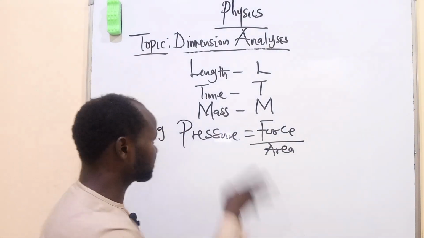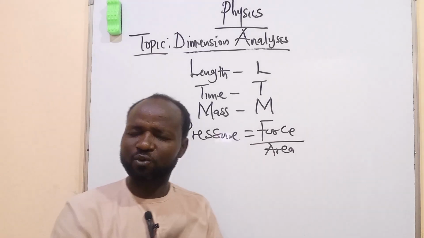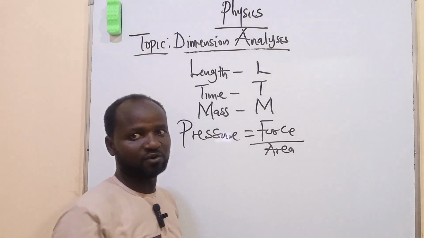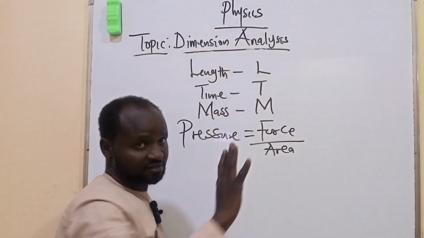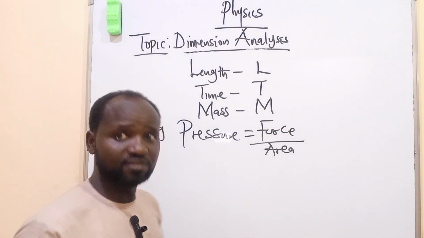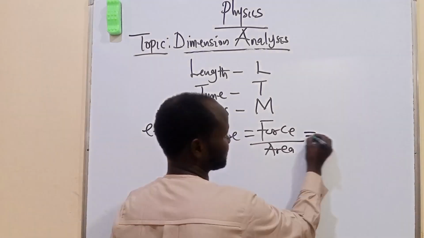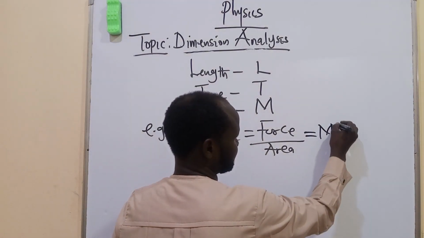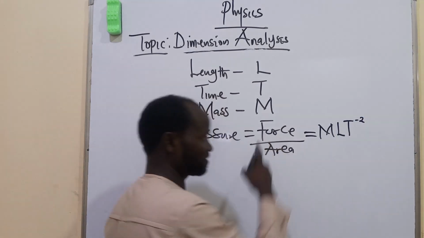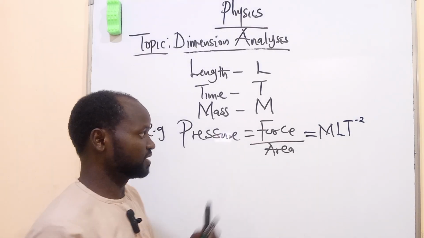You have to know all the formulas for acceleration, force, velocity, and all the derived quantities, for you to analyze their respective dimensions. We established in our previous video that the dimension for force is M multiplied by L times T power minus 2. You can check my previous video, you will see it.